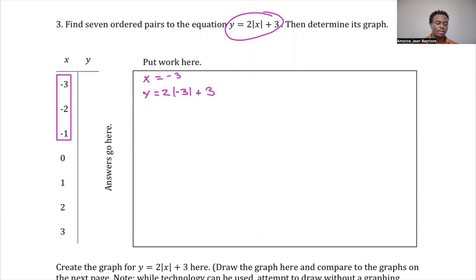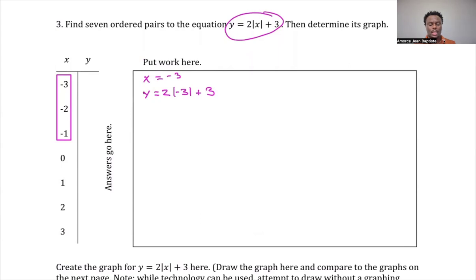Now we need to remember the absolute value of a number is the number if the number is positive, or it's the opposite of the number if it's negative. So if the number is already positive, I don't need the opposite to find the absolute value. But if the number is negative, I need to look for the opposite of that negative number, which will be positive.